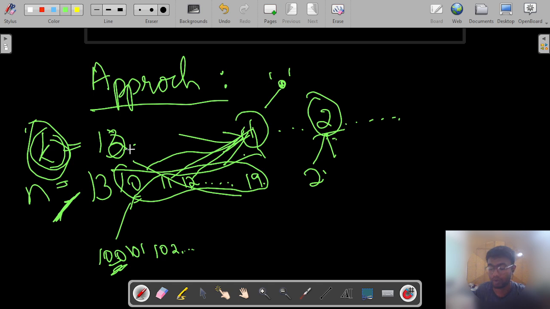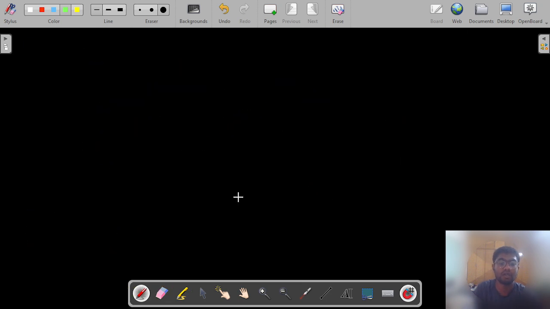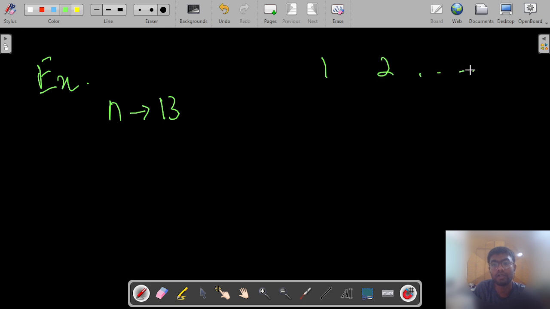So it would be meaningful for us to look at this level when we are looking for numbers greater than 12. Just to repeat, let's say we are asked to generate a specific range of numbers, in our example 1 to 13, and we generate our numbers based on this order 1, 2, and so on.